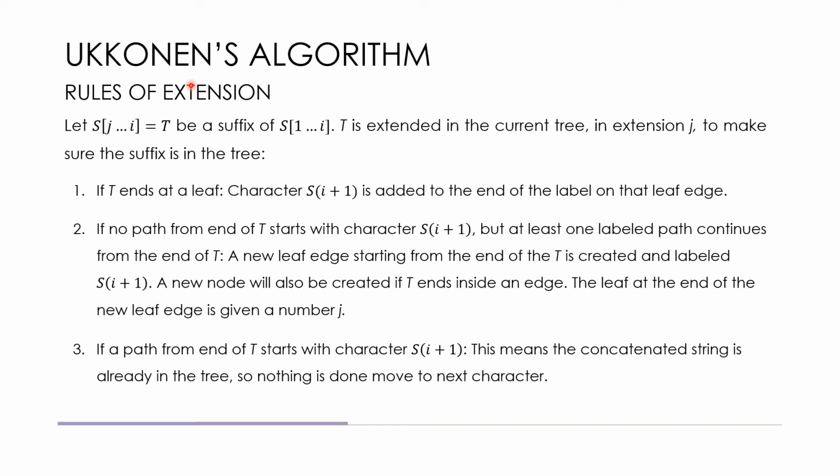And then a new node will also be created if t ends inside an edge. So if t ends in an edge, there's a split that we need to do, and we're going to see how that comes into play. And the leaf at the end of the new leaf edge is given a number j, to indicate the index that we're at.